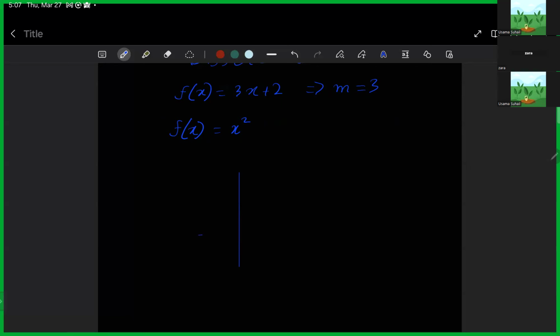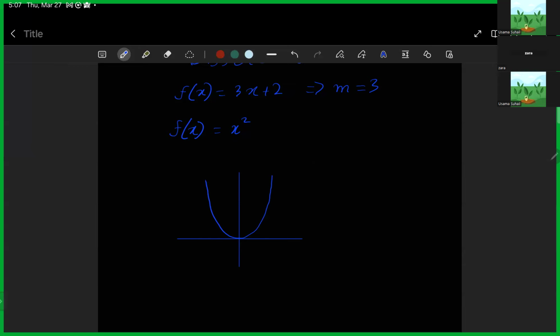Would it just be like a diagonal line? Isn't it like this? Okay. For x square, it is this graph, right?